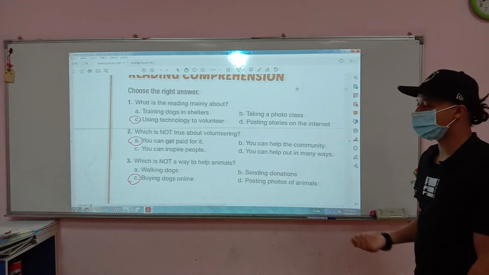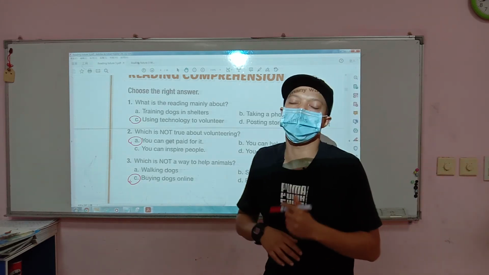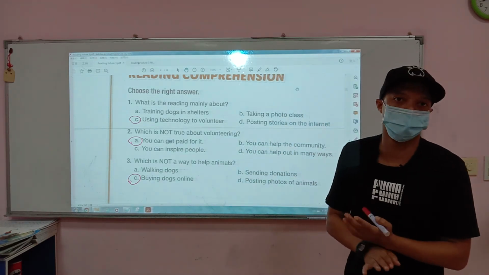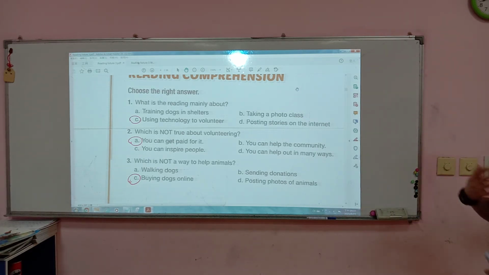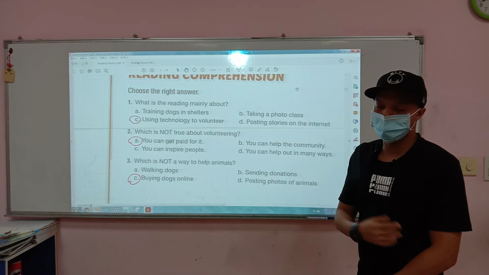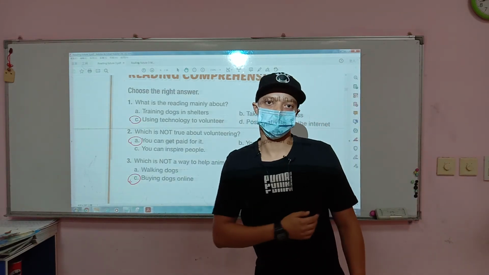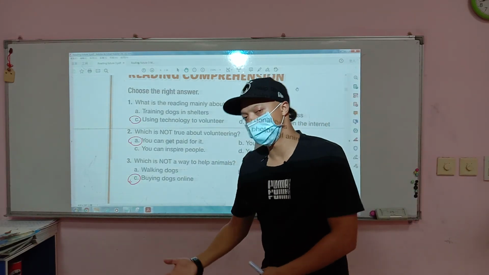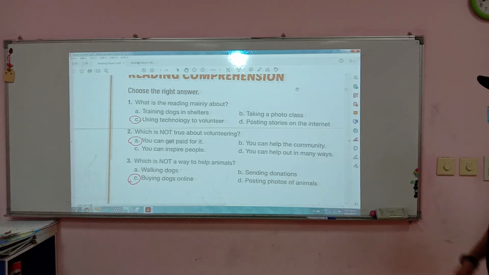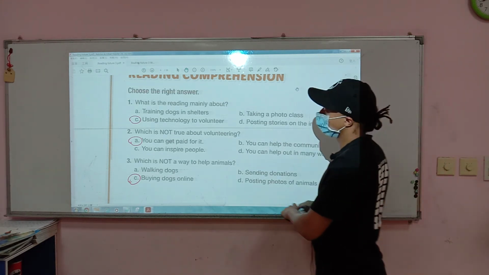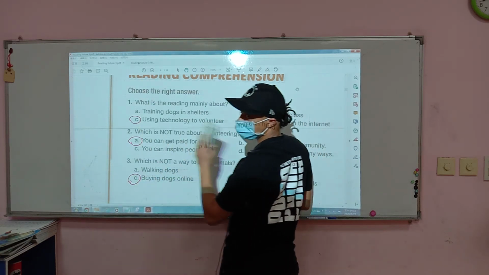So if you buy dogs online, it's not going to help the animals that have no homes. Okay? So the best way, if you want a dog, instead of buying it online, you can go to the shelter and see if there are any dogs that you like over there. Okay, so C, A, and C. Guys, remember, please go ahead, fix your work if you have not, yeah?